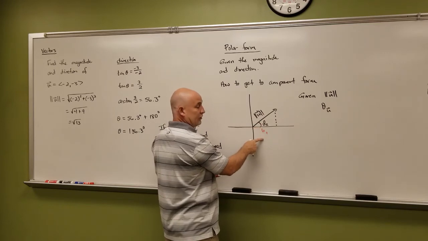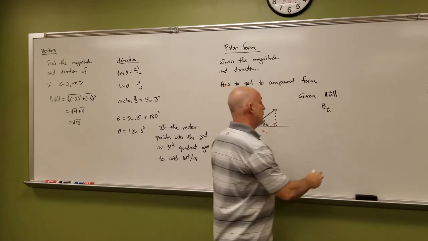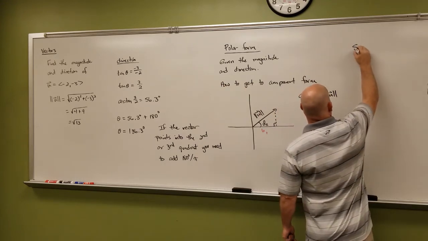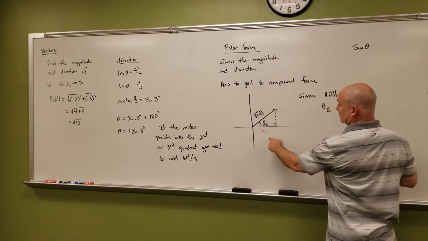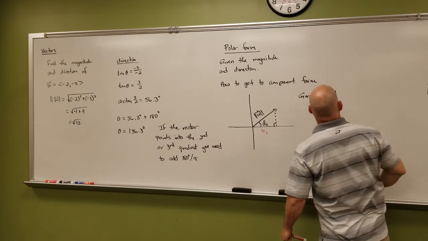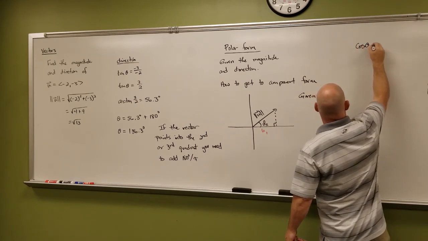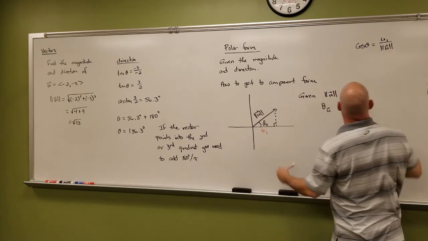The two things I know and the one thing that I don't. Again, we're in a right triangle, and you can see that the cosine of that angle, and I'm just going to use theta right now, is the adjacent over the hypotenuse, which is just the magnitude.